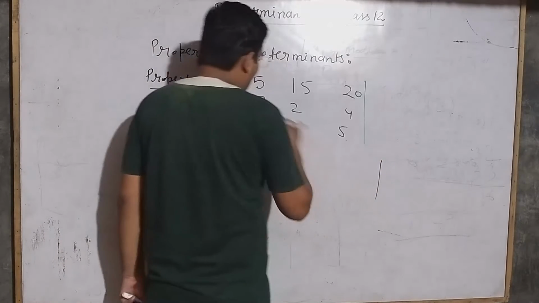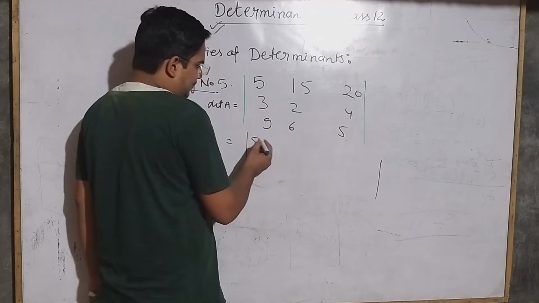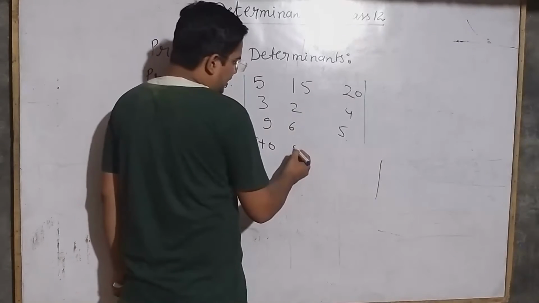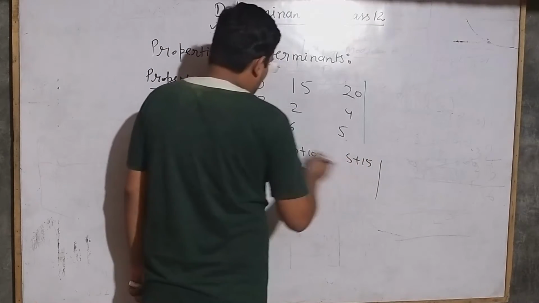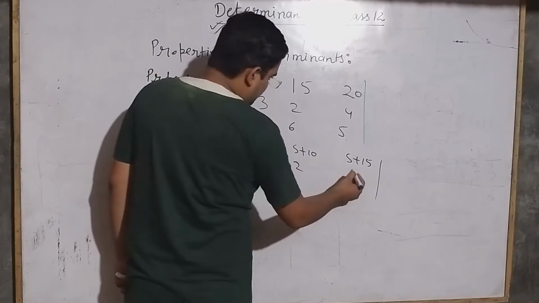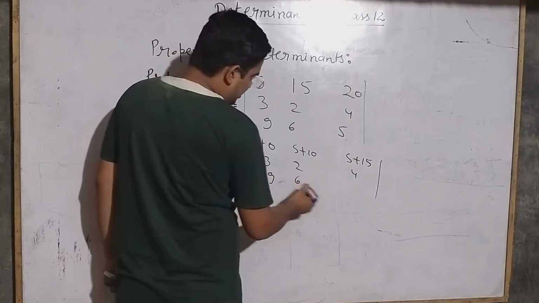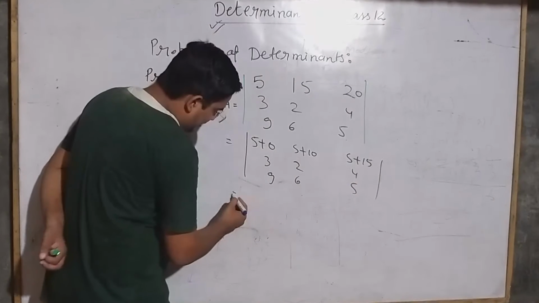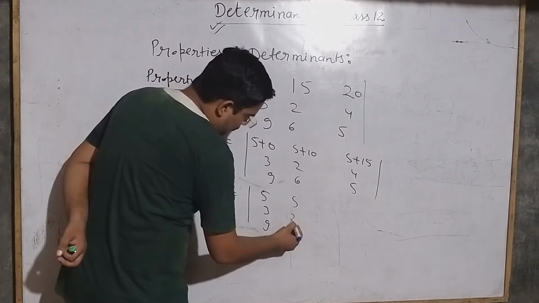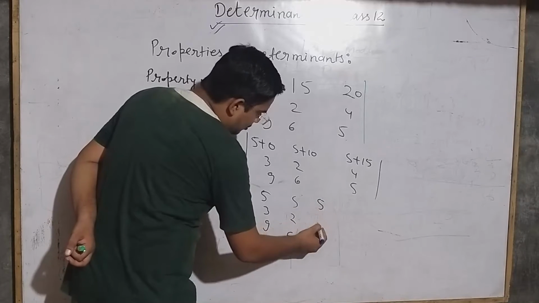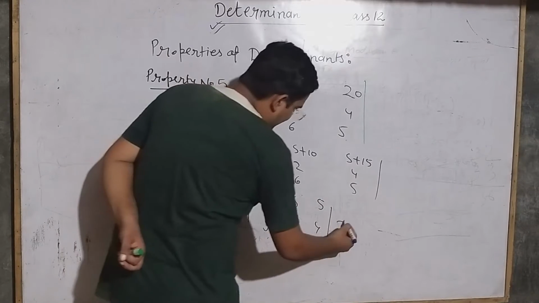This 5 I can write as 5 plus 0. This 15 can be written as 5 plus 10. This 20 can be written as 5 plus 15. And this 3, 2, 4, and 9, 6, 5 stay as they are. So it can be written in two parts. The first part is 5, 3, 9, 5, 2, 6, 5, 4, 5, plus the other part.